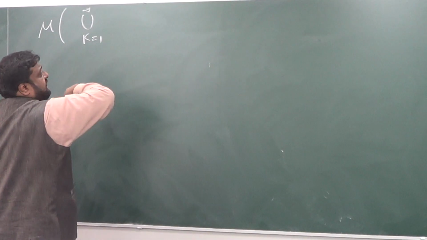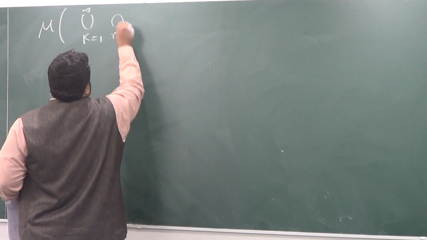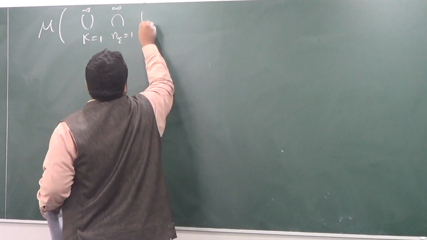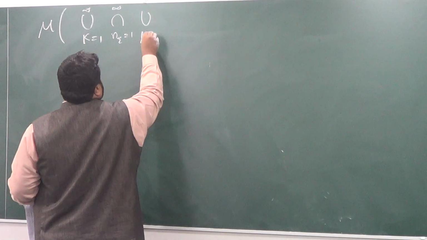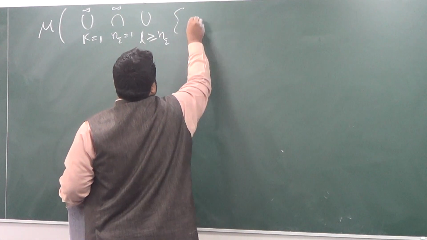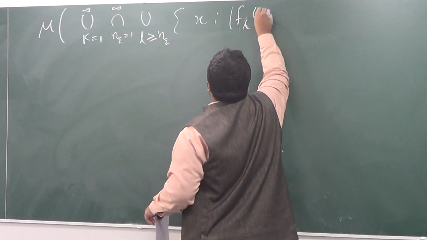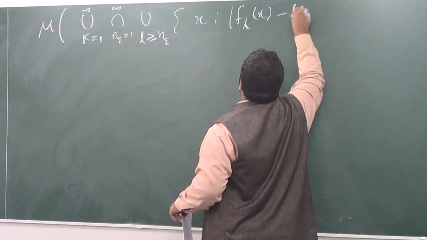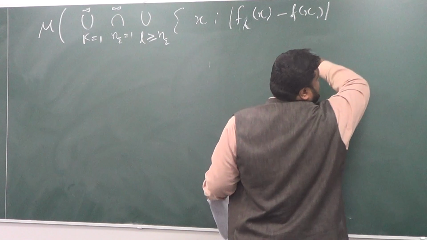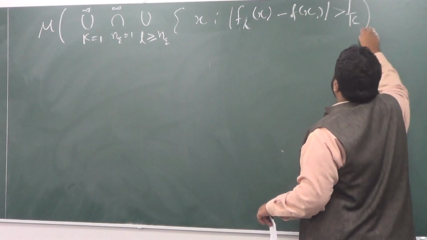The complement is going to be the union over k equal to 1 to infinity of the intersection over n epsilon from 1 to infinity of the union over L bigger than or equal to n epsilon of the set of x such that |f_L(x) minus f(x)| is bigger than 1 over k. And this has measure 0.